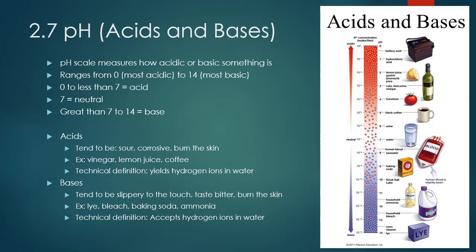Bases, their technical definition is that if you were to put a base into water, it will accept hydrogen ions. So it will take hydrogen ions in. So that is the technical definition between what makes something acidic or basic. But for our purposes for this course, make sure you know the pH of an acid and some examples of acids, and the pH of a base and some examples of bases, and also their characteristics, such as sour, bitter, etc.